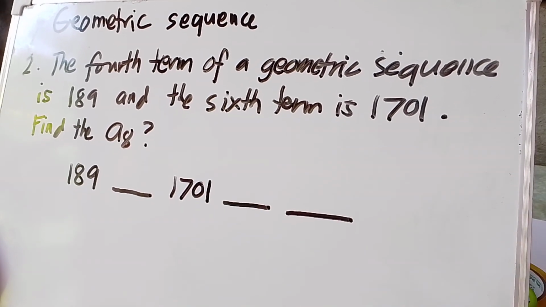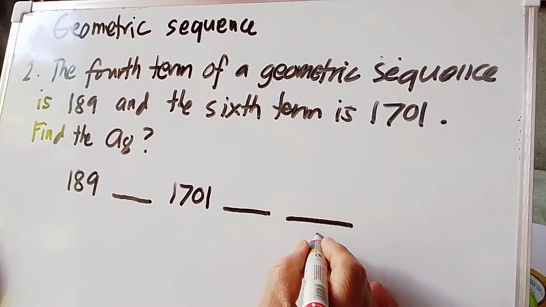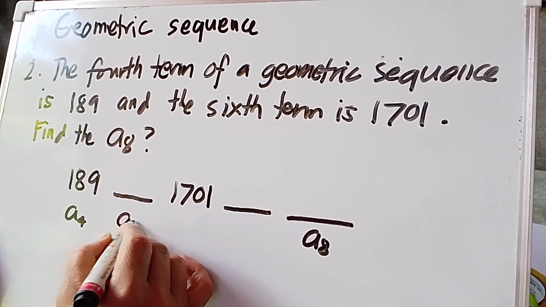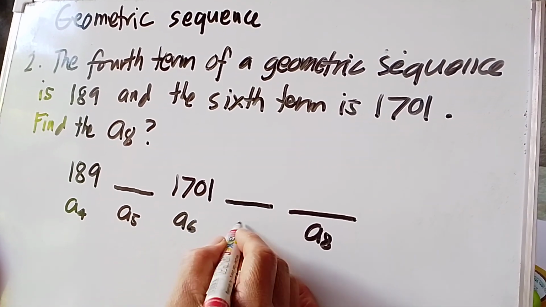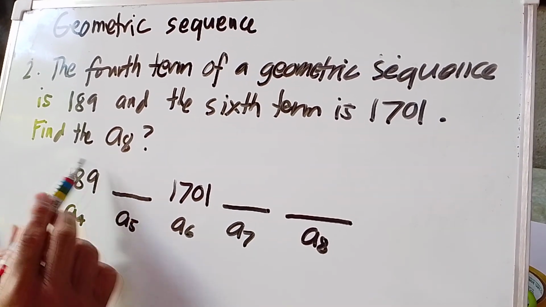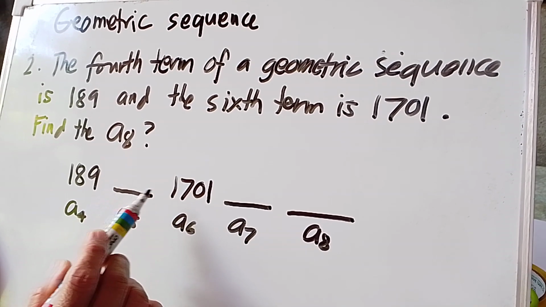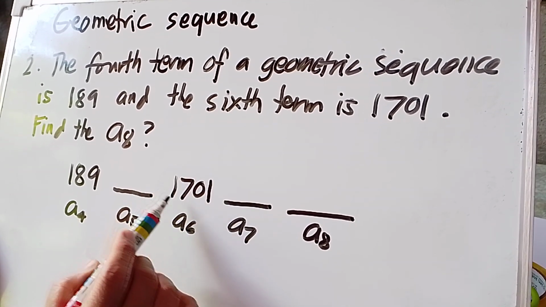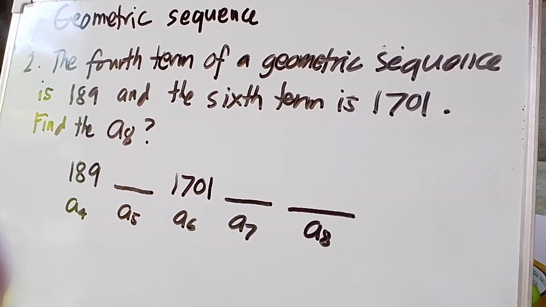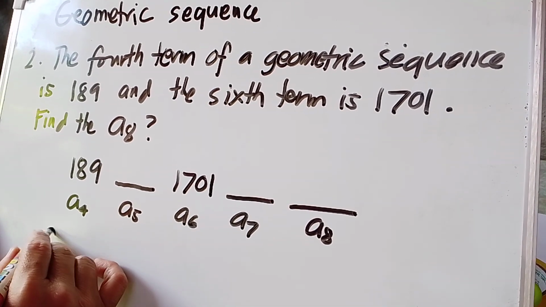So how to solve this one? This will be A8. This is A4, A5, A6, A7. So I can use this one as my A1, and then this will be my next, which is unknown, and then the next, which is A6.